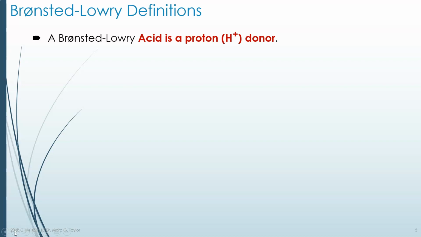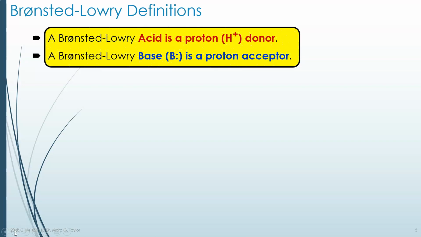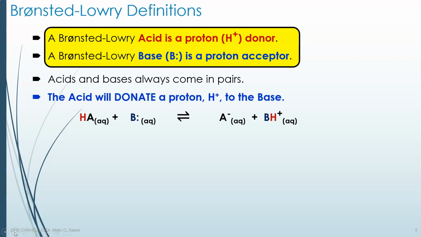So the Brønsted-Lowry says the acid is a proton donor, and the base is a proton acceptor. So the acids and bases always come in pairs in any acid-base reaction. For instance, if I have an acid with a base, and I'm representing base as B, and I've shown a lone pair. You don't have to draw the lone pair. And this will result in the proton being transferred from the acid to the base.